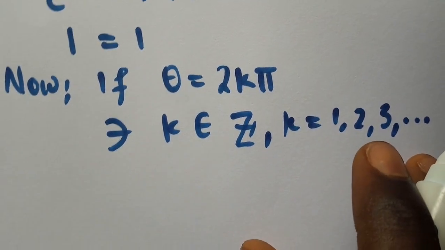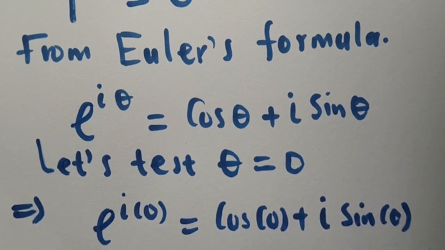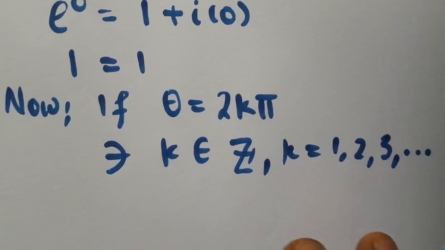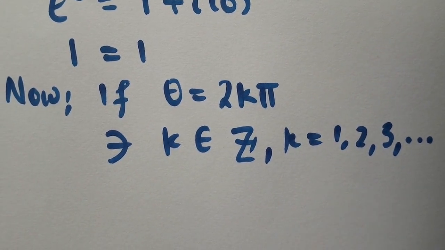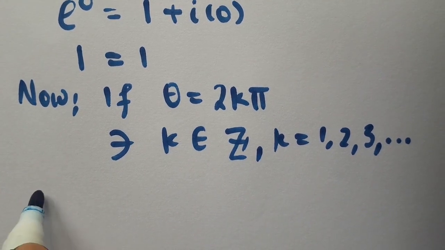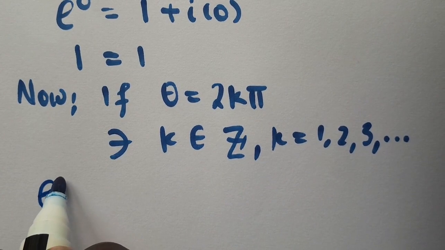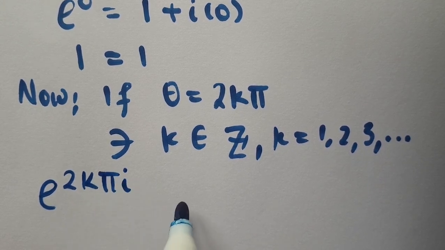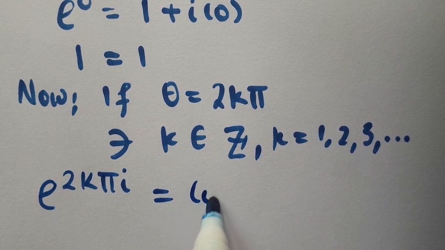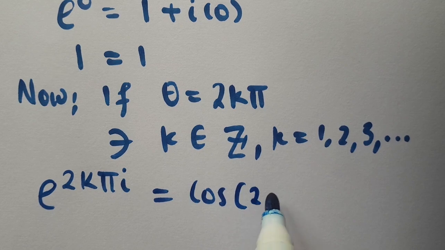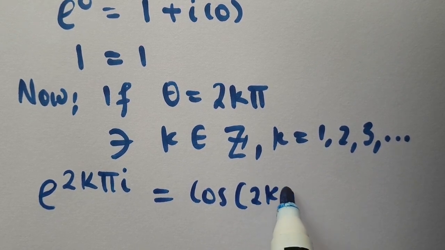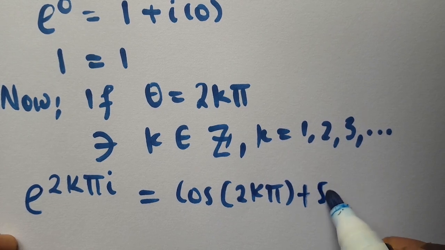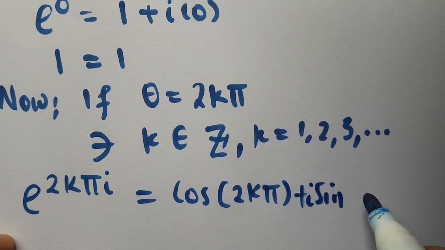From the above, we rewrite Euler's formula at theta equals 2k pi. Then we are going to have e to the power of 2k pi i equals cos 2k pi plus i sine 2k pi.